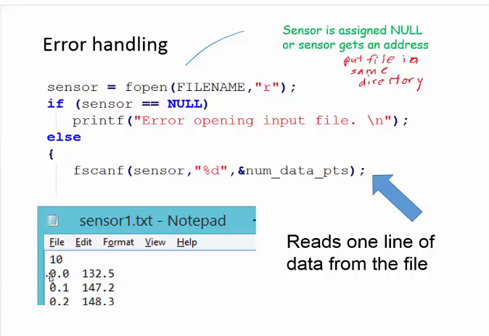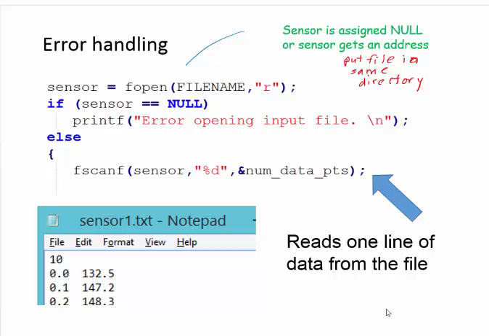But what does my next line of code look like? My next 10 lines of code have a time and a seismic motion amplitude number. So I'm going to need to use fscanf again to read the next line.